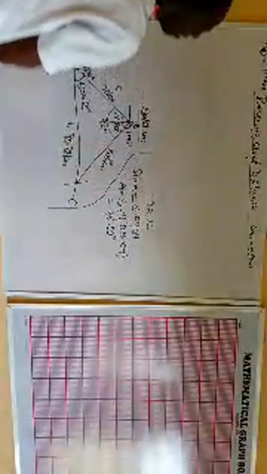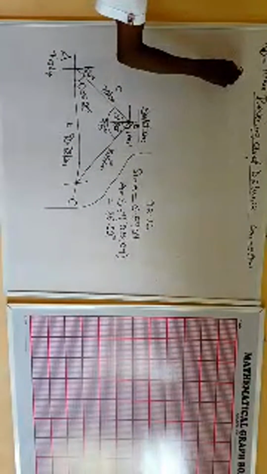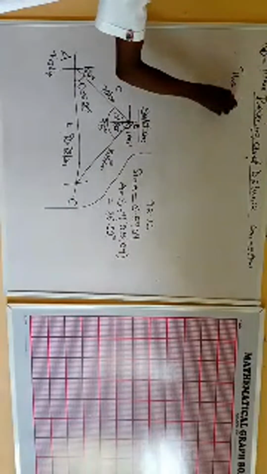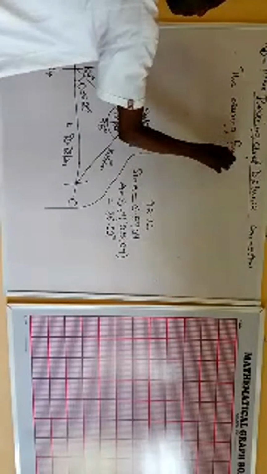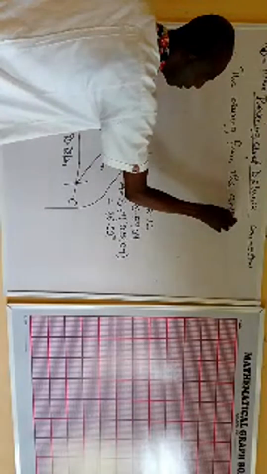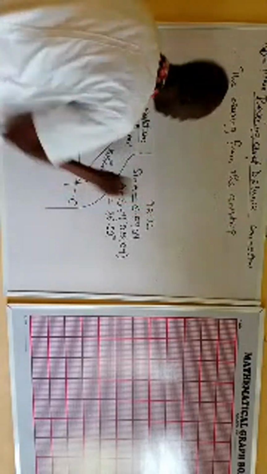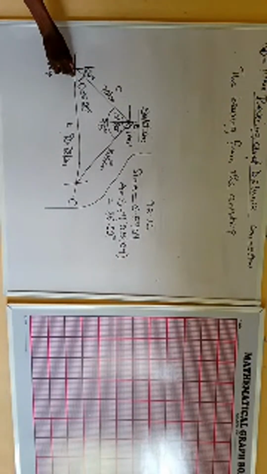So now write, therefore, the bearing from the S strip, and I told you, bearing moves in a clockwise direction. You move like this and it ends here.